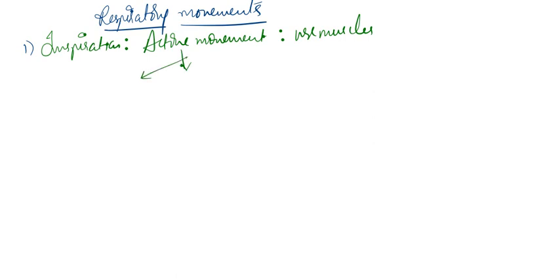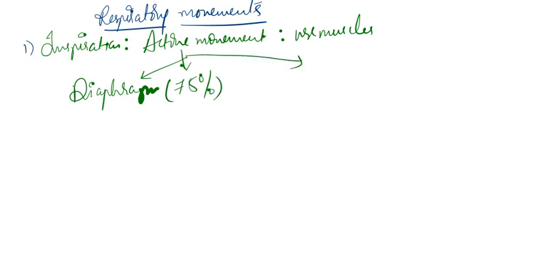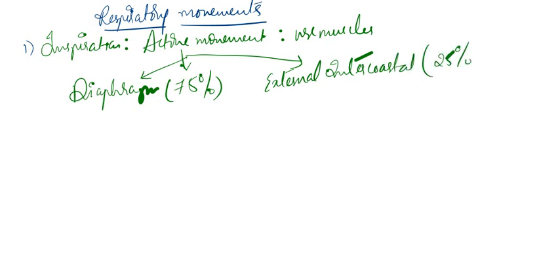It's the diaphragmatic muscle. The diaphragm holds nearly 75% of the effort. And the external intercostal muscles supply 25% of the total effort.